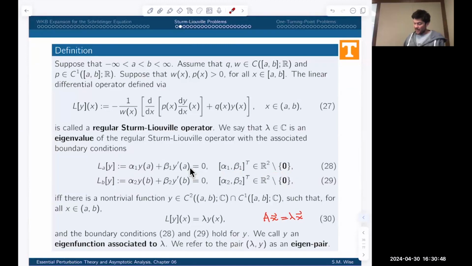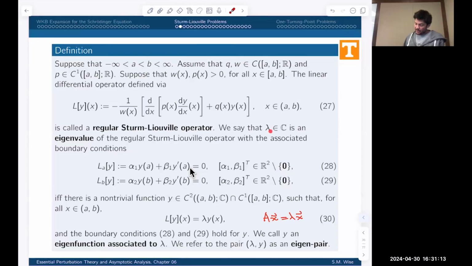And similarly with the boundary condition at point B, it's a Robin boundary condition of homogeneous type. The homogeneous Robin boundary condition comes because we have this Robin piece equal to 0. Alpha 2, beta 2 also have to be such that those two numbers cannot simultaneously be 0.